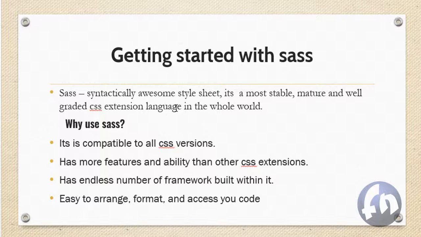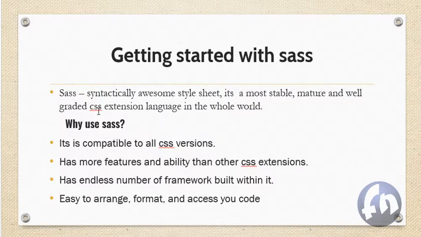The reason we use Sass is because it's compatible with all CSS versions, CSS and CSS3. That's what I know, and it has more features and ability than other CSS extensions, and it handles an endless number of frameworks built with it, for example Compass. Finally, it's easy to arrange, format and access your code.